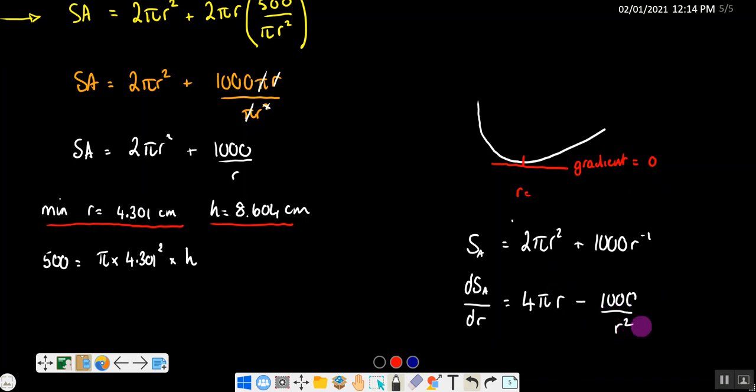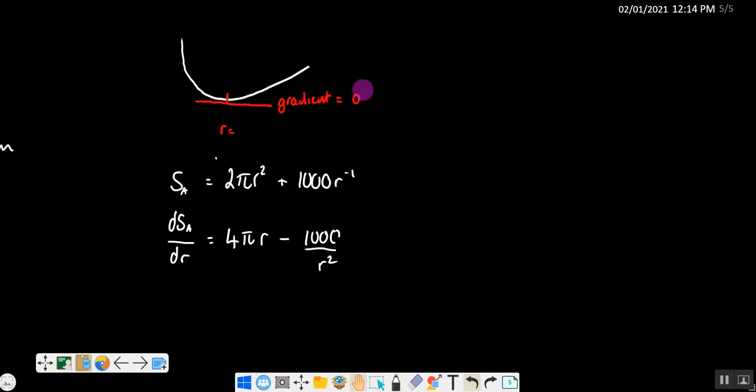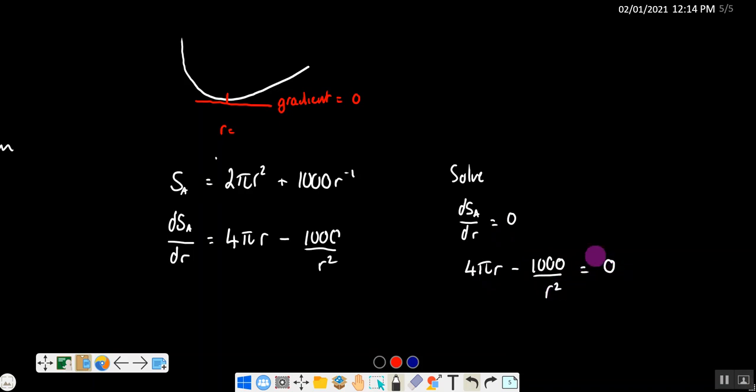Happy with that? So what am I then looking for in that situation? I now need to solve dSA/dr equals 0. So that's when 4 pi r minus 1,000 over r squared equals 0. All right?